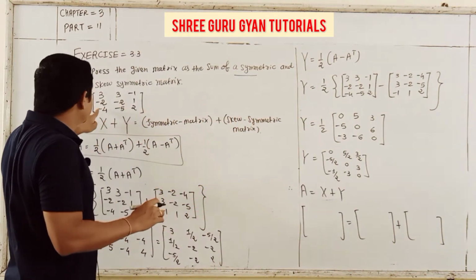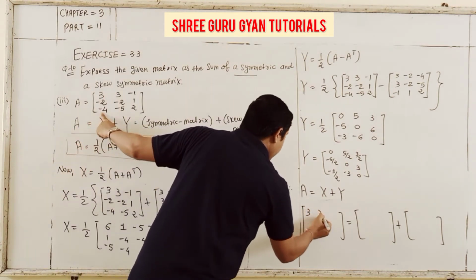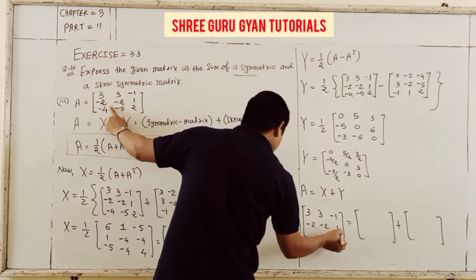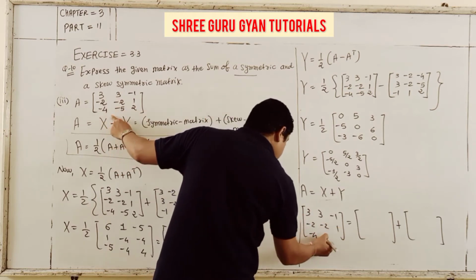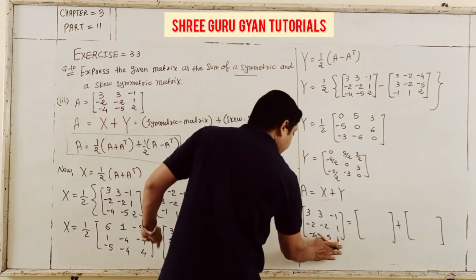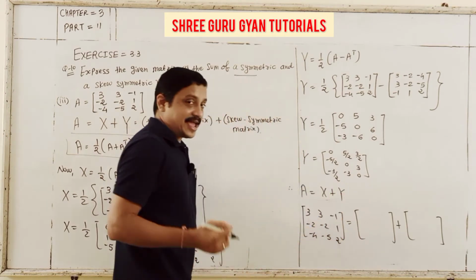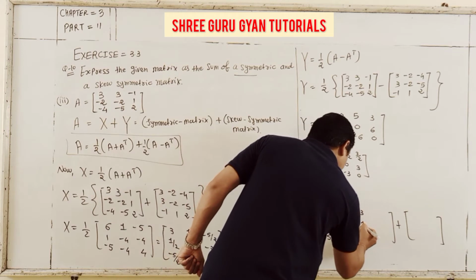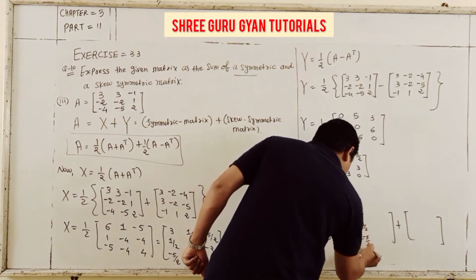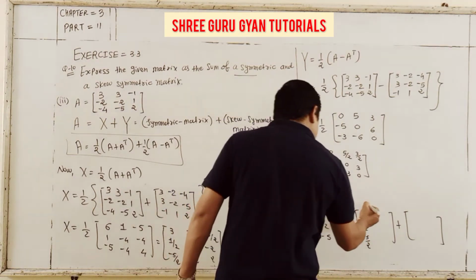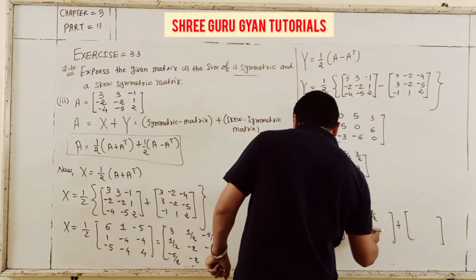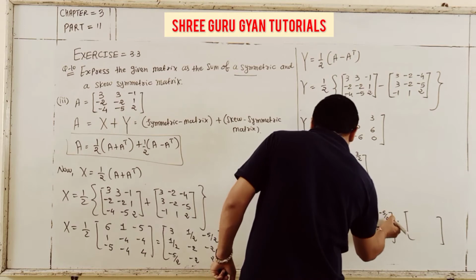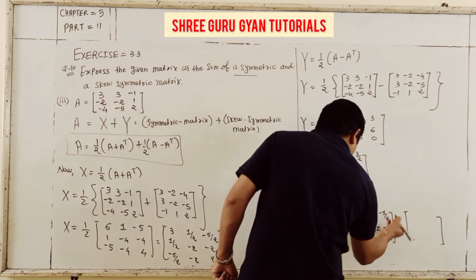A is fixed: 3, 3, minus 1, minus 2, 1, and last minus 4, minus 5, with the 2, and X represents that one: 3 half, minus 1 by 2, 3 half, minus 1 by 2, next half, minus 2, minus 2, and last minus 1 by 2, minus 2 and the 2.